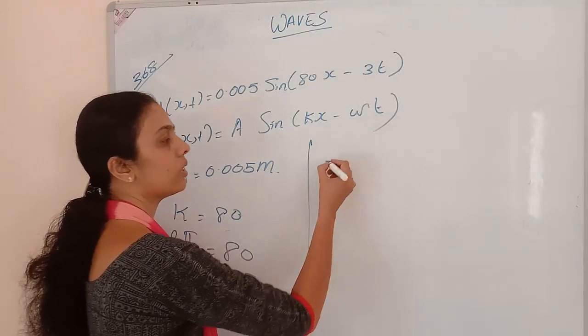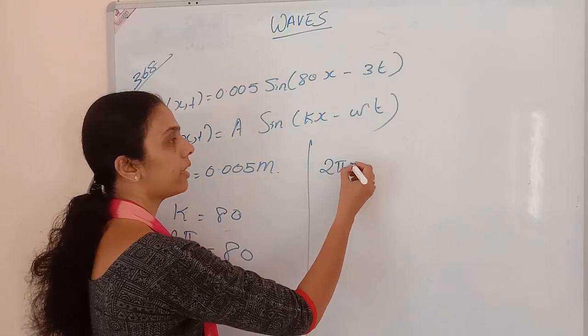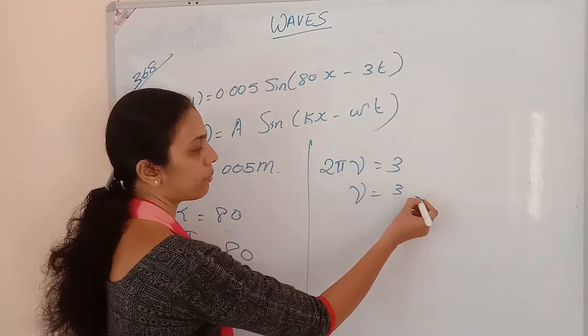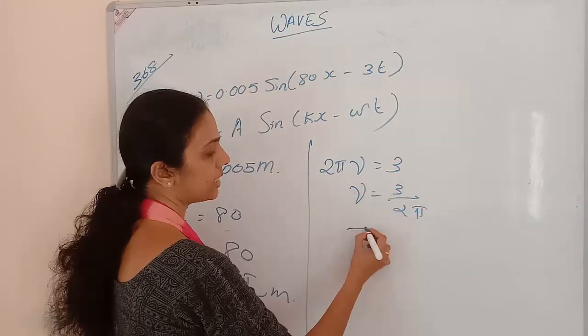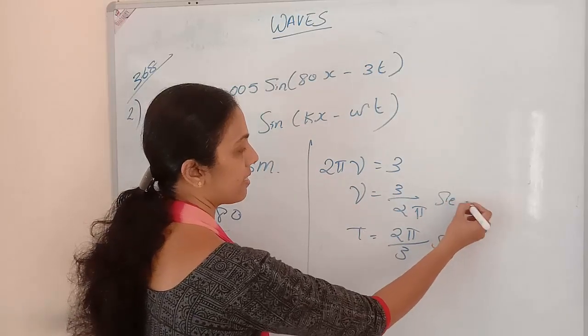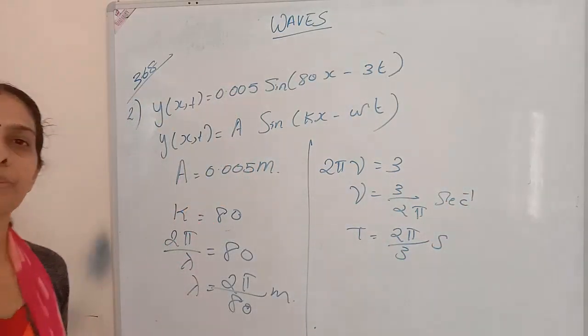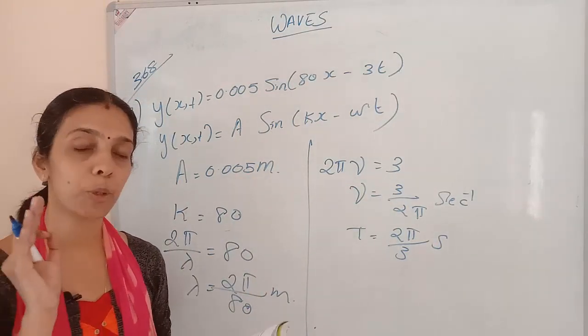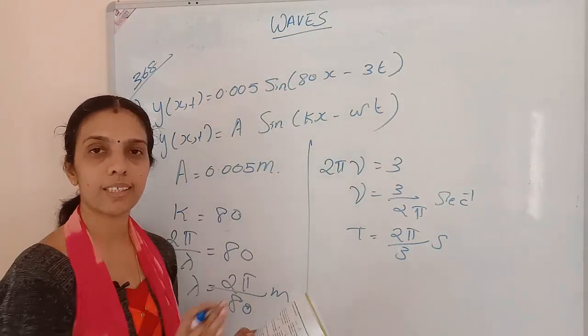How can we find them? Omega equals 2 pi into nu equals 3. Nu equals 3 by 2 pi and t equals 2 pi by 3 second. The unit of nu is second to the power minus 1. Just compare. You should know the general formula. If it is a progressive wave, you should write it in this manner.